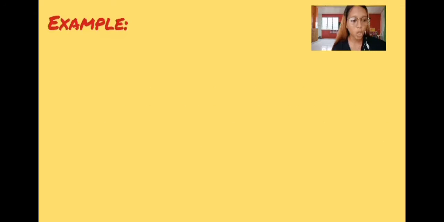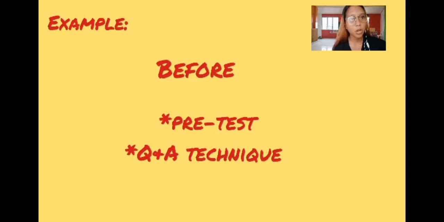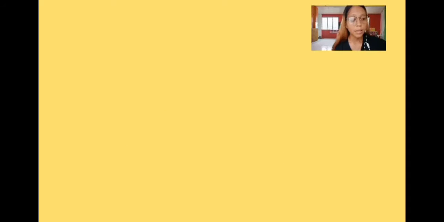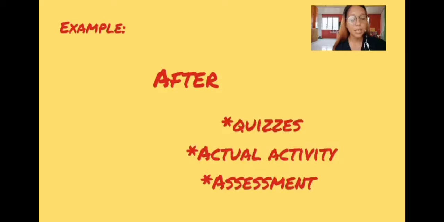For example, before the discussion starts, the teacher can give a pretest or a Q&A technique to test if the students already have an idea about the topic. And then after the discussion, there will be an assessment or an activity related to the lesson to test students' learning and understanding about the topic.